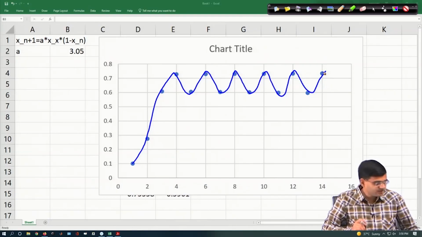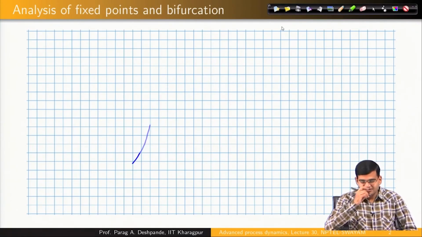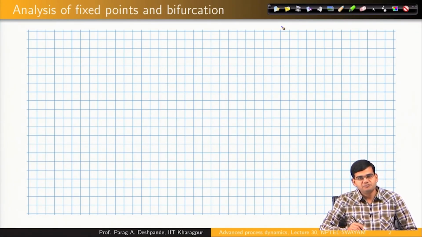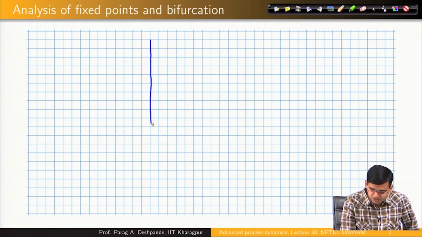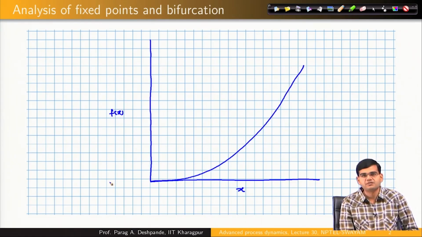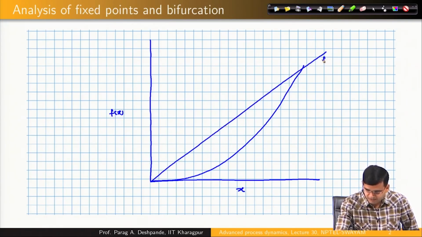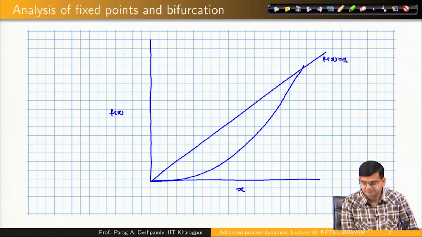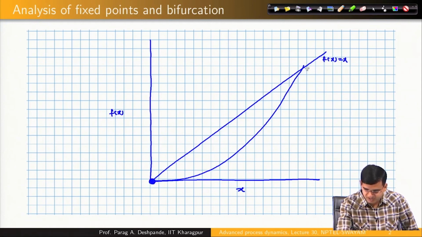So, we came up with a working algorithm to determine whether a particular fixed point is attracting or repelling. You simply plot f of x versus x, and let us say this is the curve. Then you plot f of x equal to x. Now, I have two fixed points, this is one and this is another.